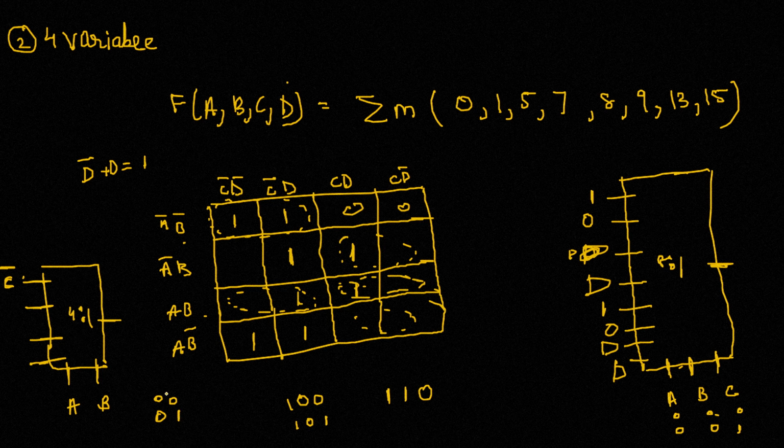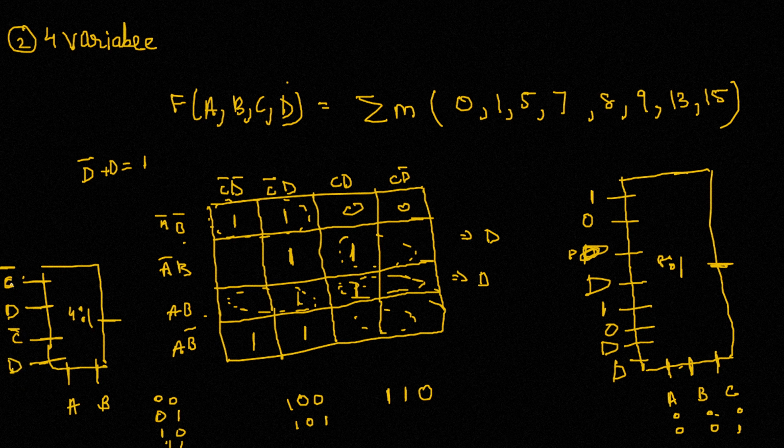Then for A complement B, I have C complement D plus CD, which is just D. So D is the second input. Then for A B complement, I have C complement again, and for A B, 1 and 1, I have C complement D plus CD complement, which is again D. So this is taken as D.